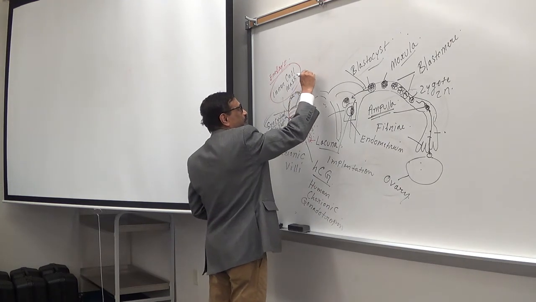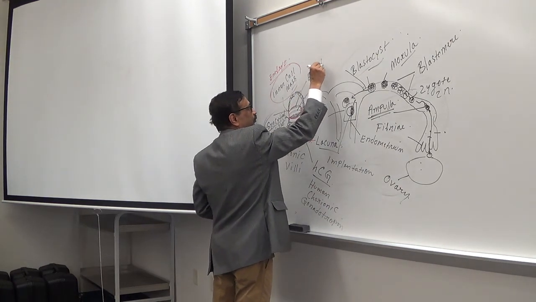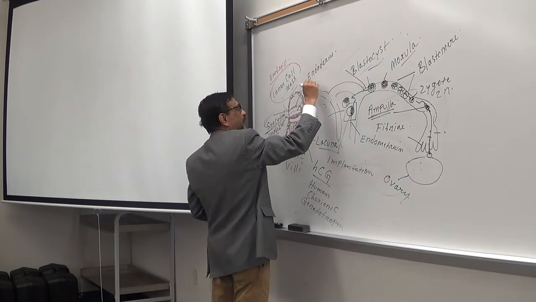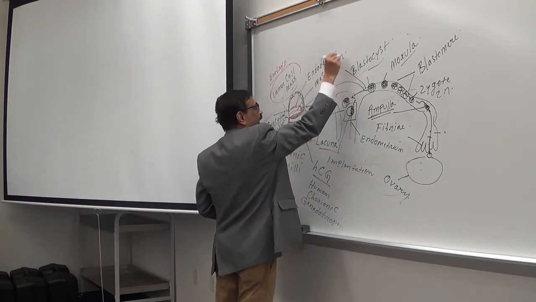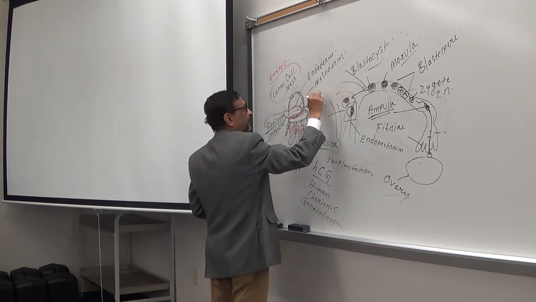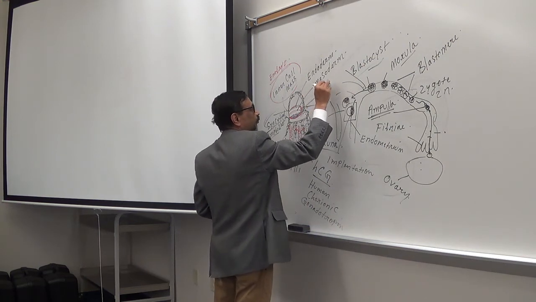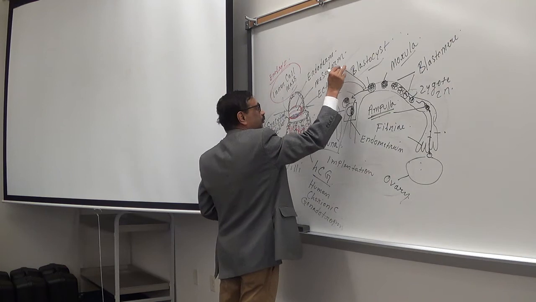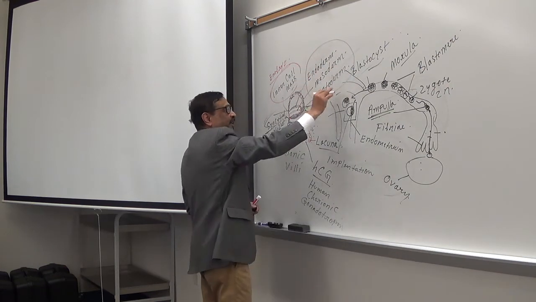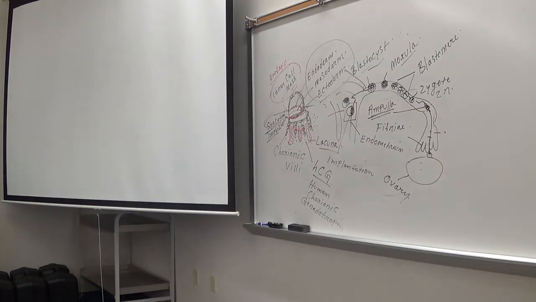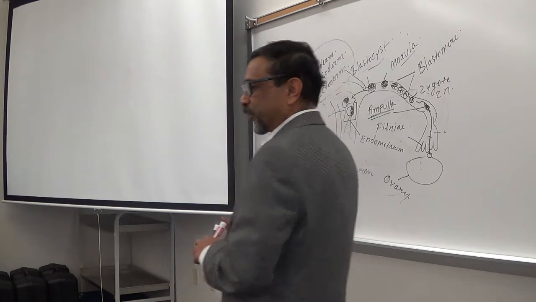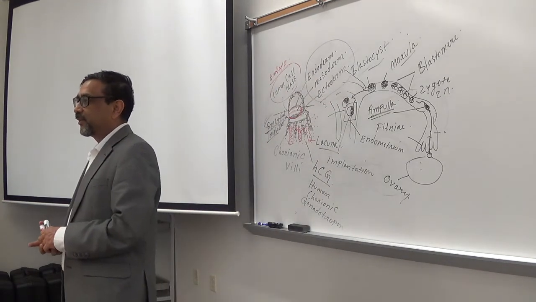Endoderm, mesoderm, and ectoderm. These three layers come from the inner cell mass. Make sense? Endoderm, mesoderm, and what?